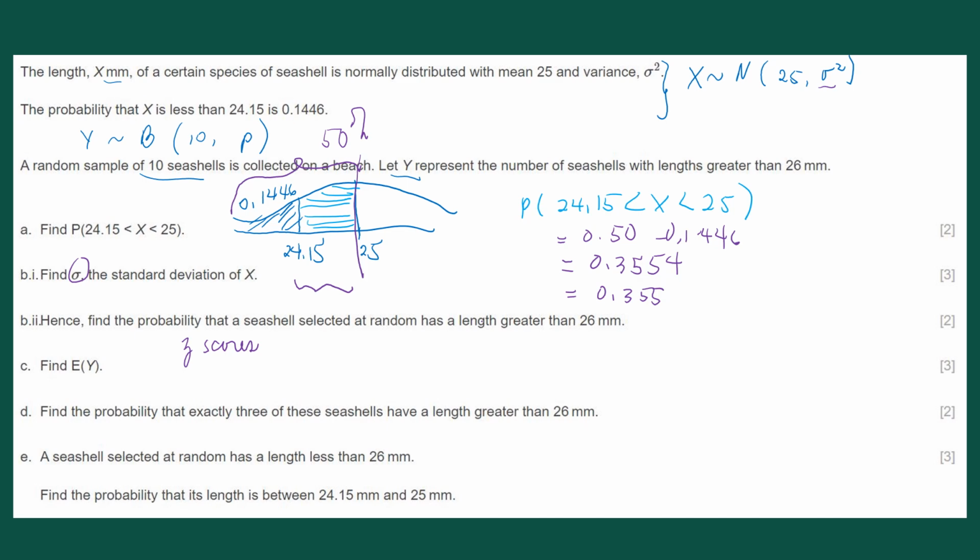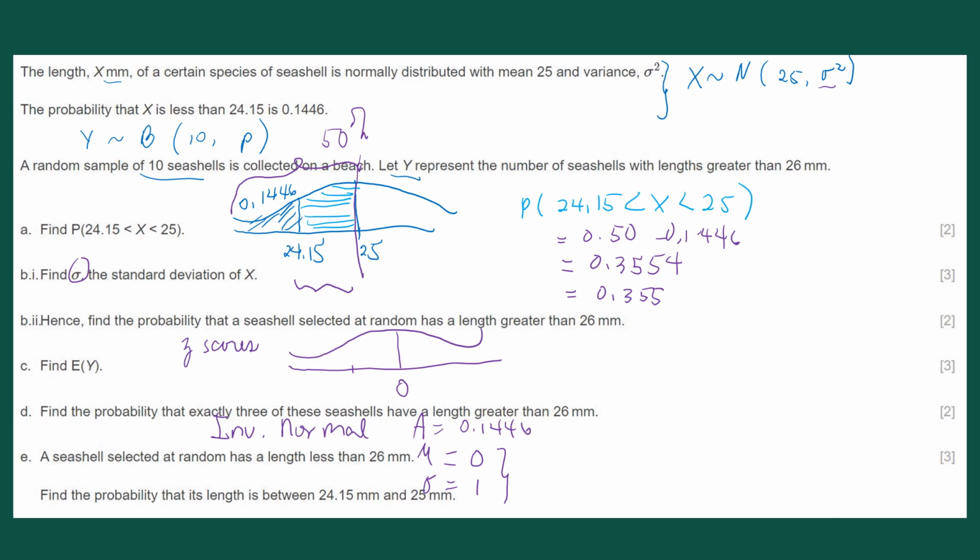Okay, we convert this, so we will have our Z-score. In Z-score, our mean shall be 0, and then we look for the Z-score of 24.15 using inverse normal. It will require you to write the area. The area is 0.1446. Now, our mean is 0 because we are now using Z-scores. Our standard deviation is 1.